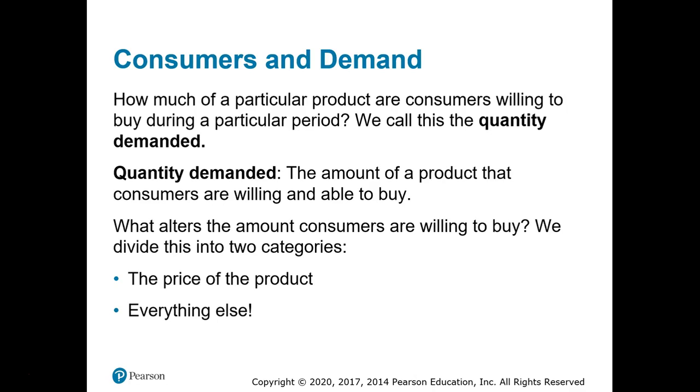So if I have $100 and apples are $1, I could technically buy 100 apples. Am I wanting 100 apples? Probably not. Most likely I want half a dozen. So I'm not willing to spend all my money on one particular product. What alters the amount consumers are willing to buy is two things: the price and then everything else. The law of demand is associated with price.